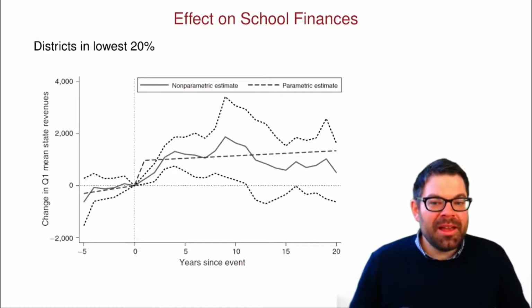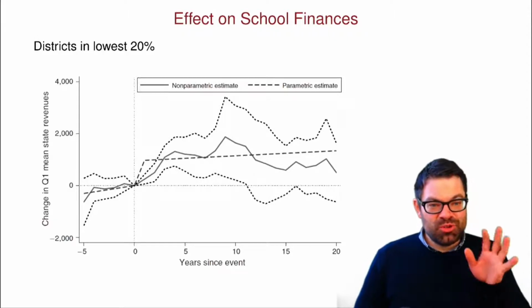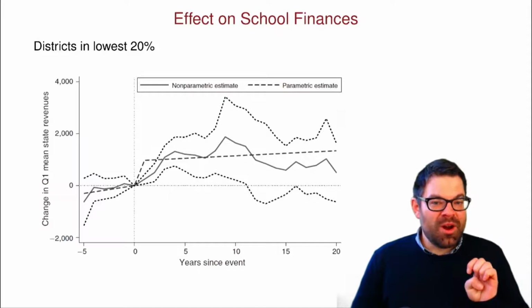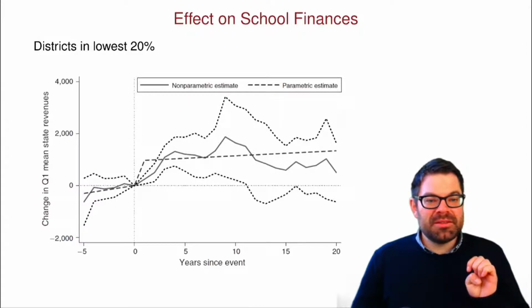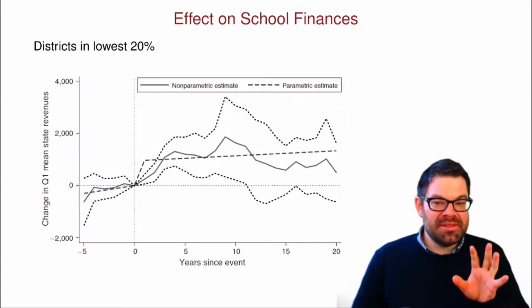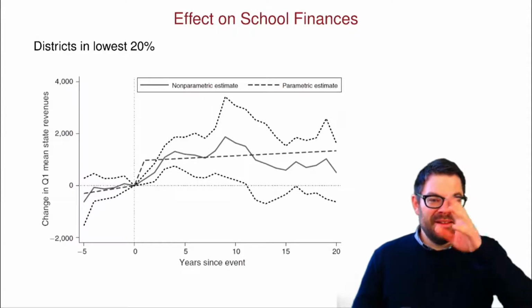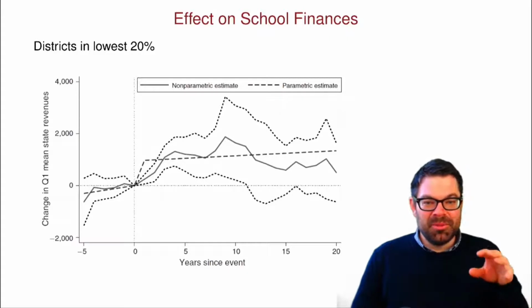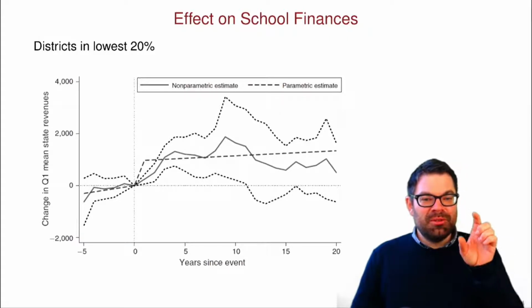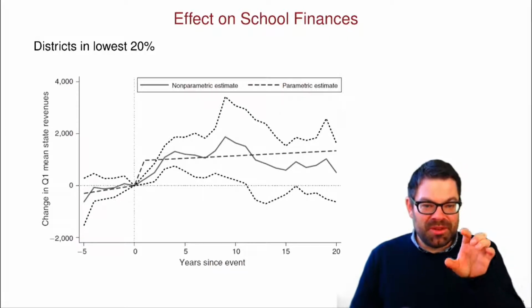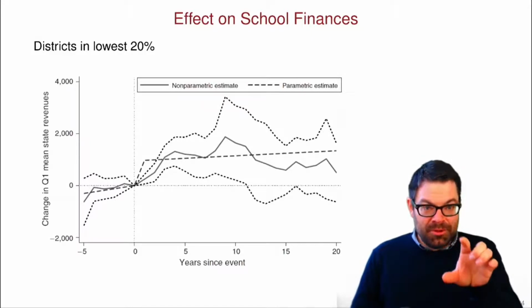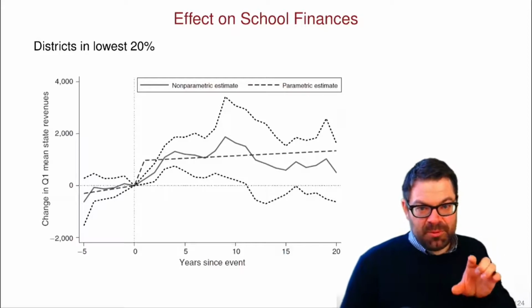And the reason why I like this paper so much is because they plot the results for those two models in the same graph. And so what you can see here is, on the one hand, these lines that are a little bit more jumpy. That's the coefficients and 95% confidence intervals from that flexible diff and diff model.